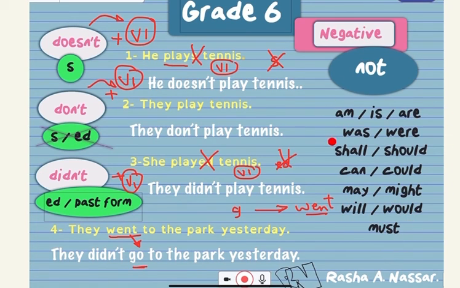If you see any of these auxiliary verbs or helping verbs, you will use not only in the negative. You will not use doesn't, don't, or didn't. Why? Because I already have some helping verbs, so you will choose only not.